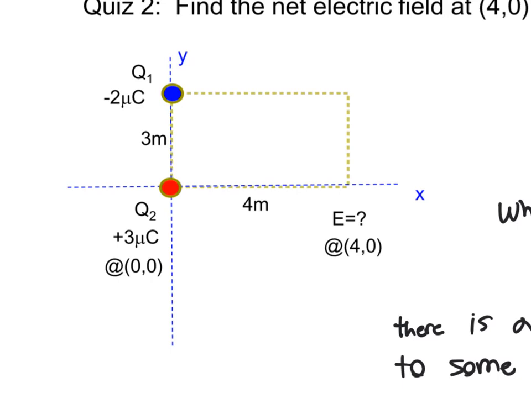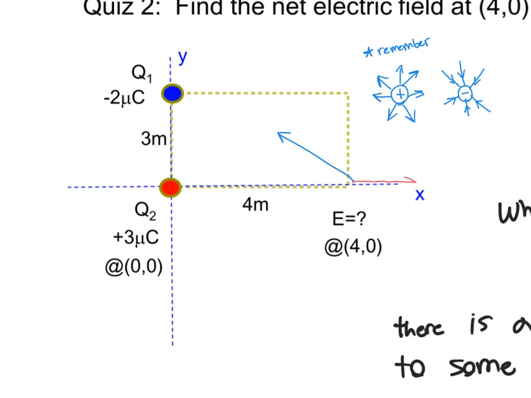Something we should remember is that when we're looking at E fields due to a point charge, if it's positive, it's going to be radiating away from the charge, and if it's negative, the E field's going to be heading towards the charge.